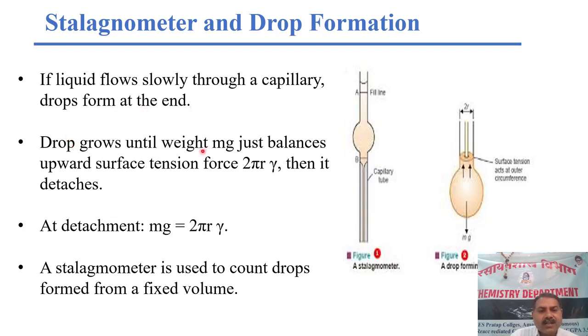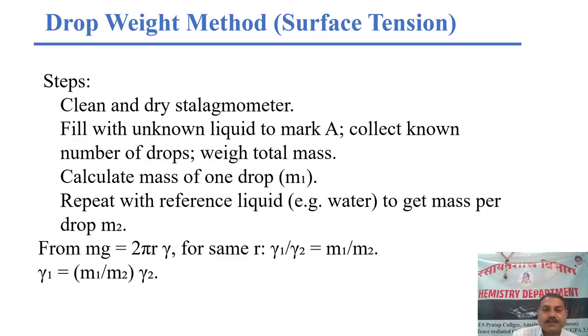The drop grows until the weight mg just balances the upward surface tension force 2 pi r gamma. Then it detaches. So at the time of breaking of the drop from the capillary, the two forces are balanced, upward force 2 pi r gamma and downward force mg. A stalagmometer is used to count the drops formed from a fixed volume of liquid. In this way we can count the number of drops.